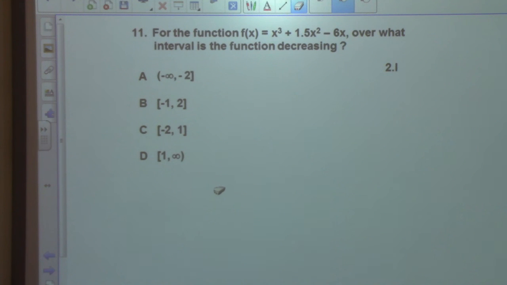Okay, this one here, for this function, over what interval is the function decreasing? So you have x cubed plus 1.5x squared minus 6x.